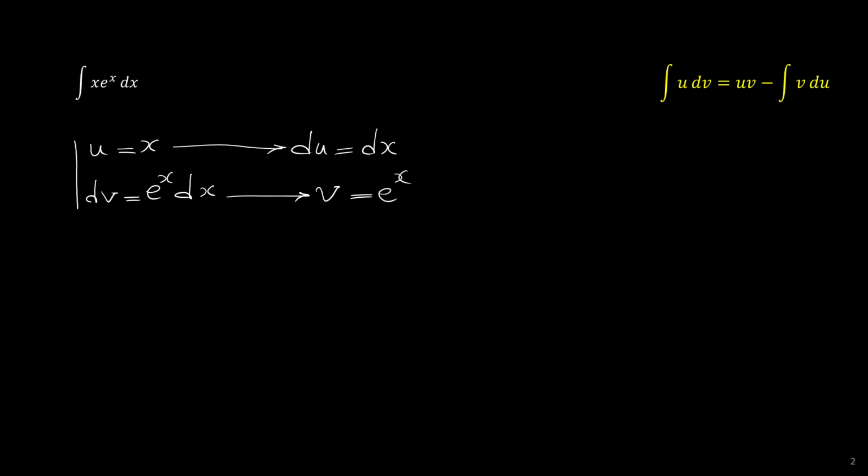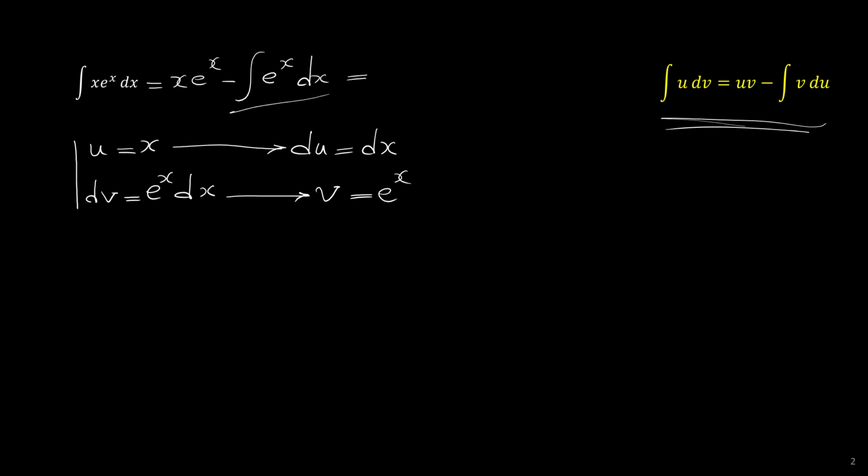Now everything is ready to use this formula for finding this integral. Based on our formula, this integral is equal to uv, u times v. u is x, v is e to the x, so x times e to the x minus integral of v, which is e to the x again, times du, du is dx.